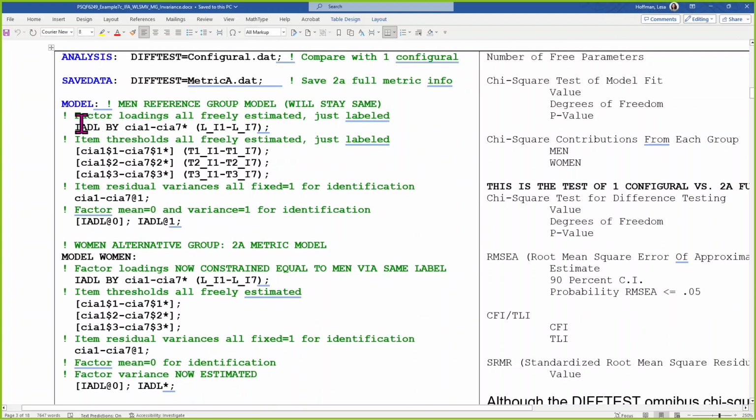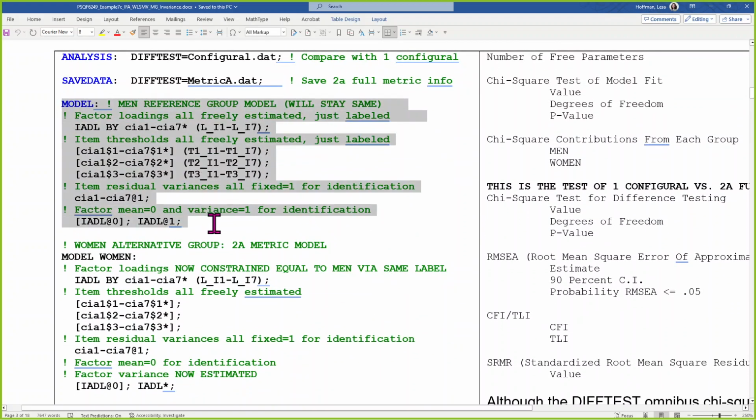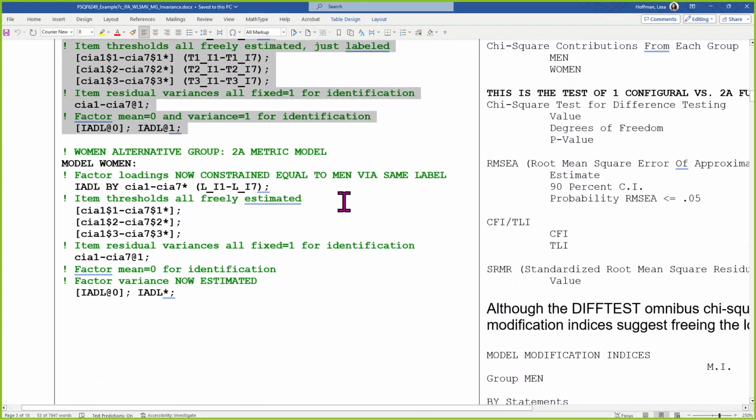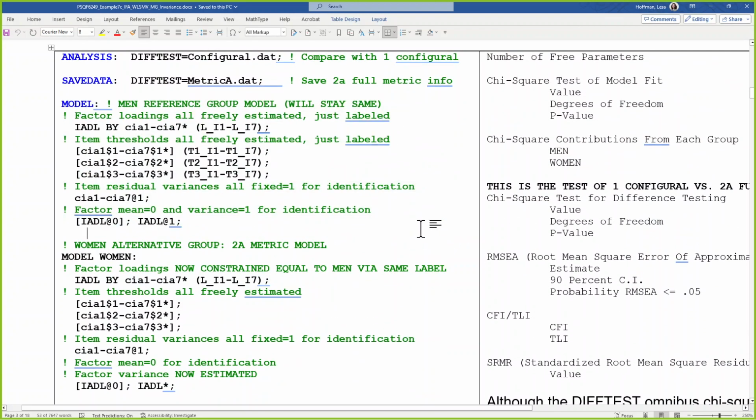So then in the men group, everything is exactly the same. In the women group, what did we change? We'll play Where's Waldo. What did we change in the code to enforce metric invariance constraints? Watch in the chat, watch in the room. We constrain the loadings for the women to be the same as the men.